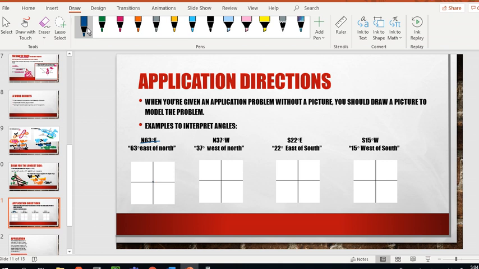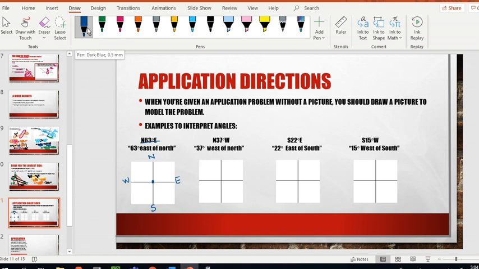You're always considered to be right here in the center. North is always up, east is always to the right, west to the left, south down below. Every single time. I know that your GPS system will change it for you, but not on these problems.